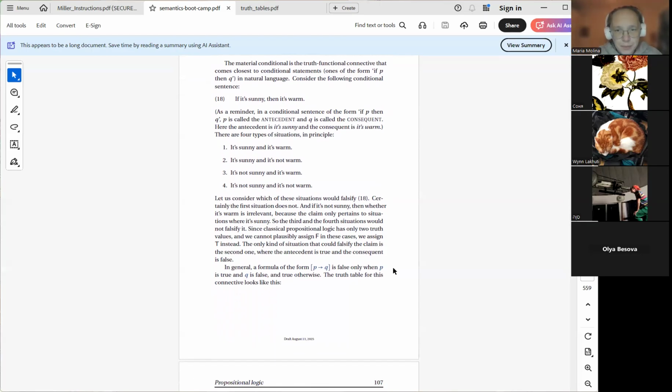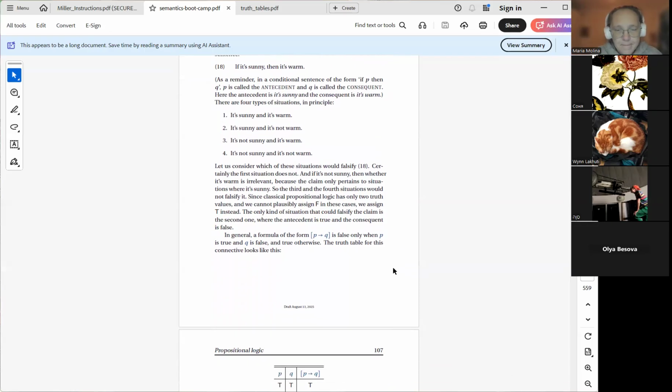So then we have this formula: if sunny, it's warm. In which case this formula is false.